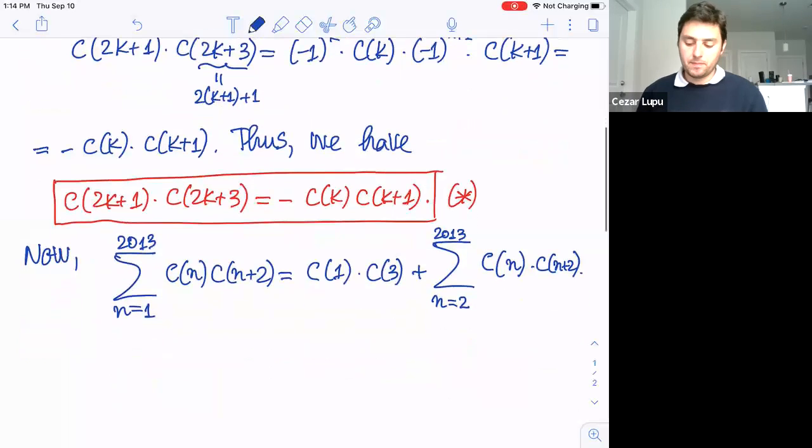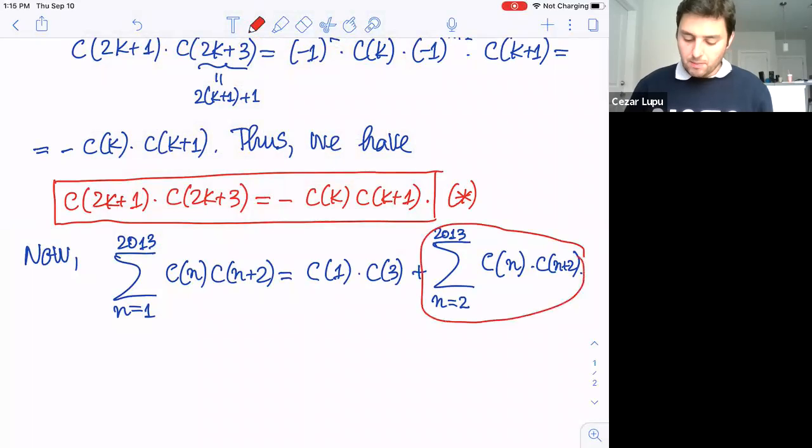And now I should do something about this sum here. Maybe I could relate it to the equality above. And what I'm going to do will be the following.